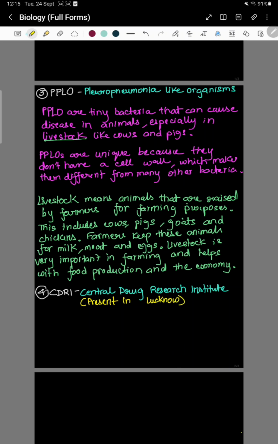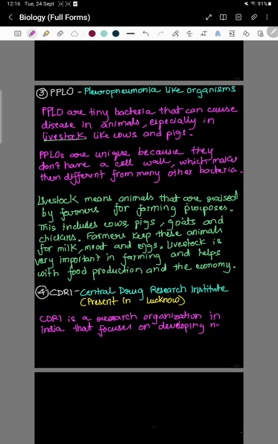So let me tell you about this CDRI in short. So the CDRI stands for Central Drug Research Institute. CDRI is a research organization in India that focuses on developing new medicines and drugs.